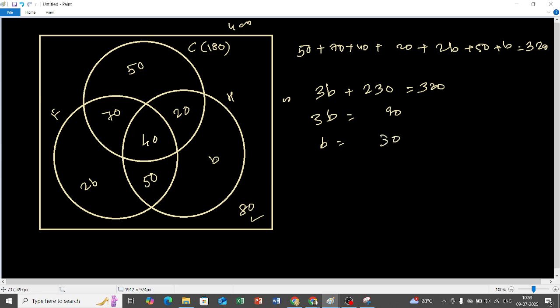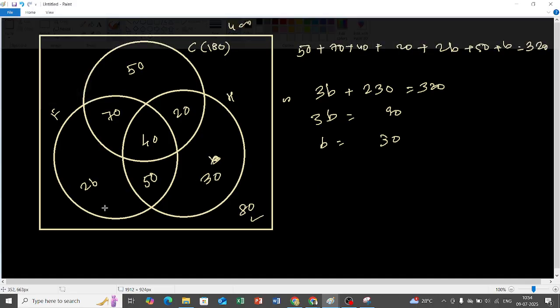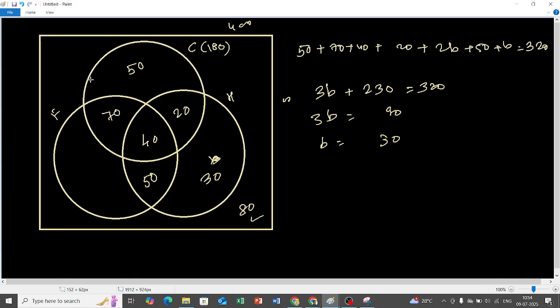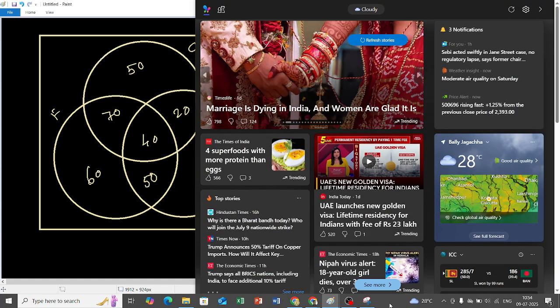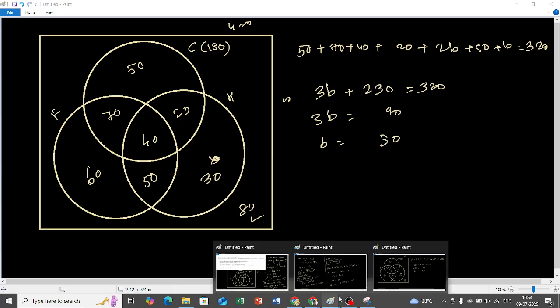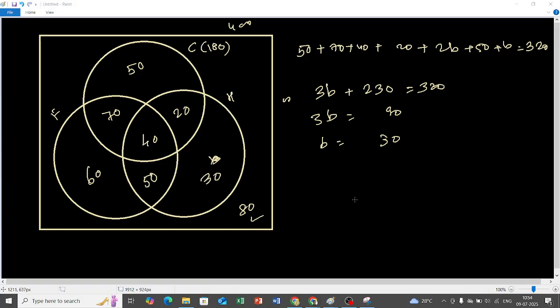So we got this one as 30, and we got 2b as 60.